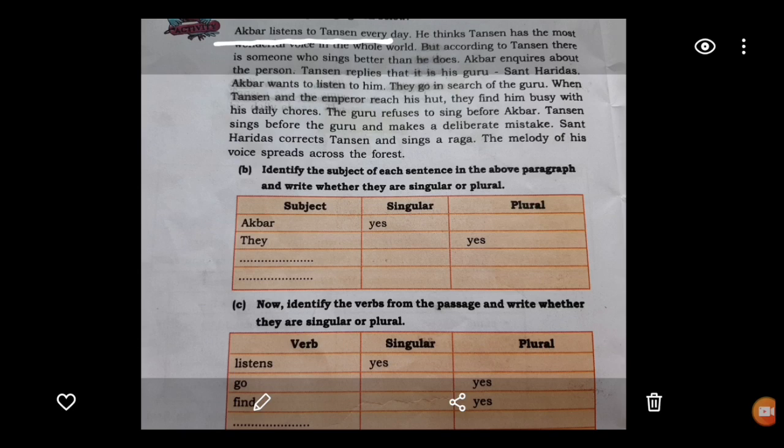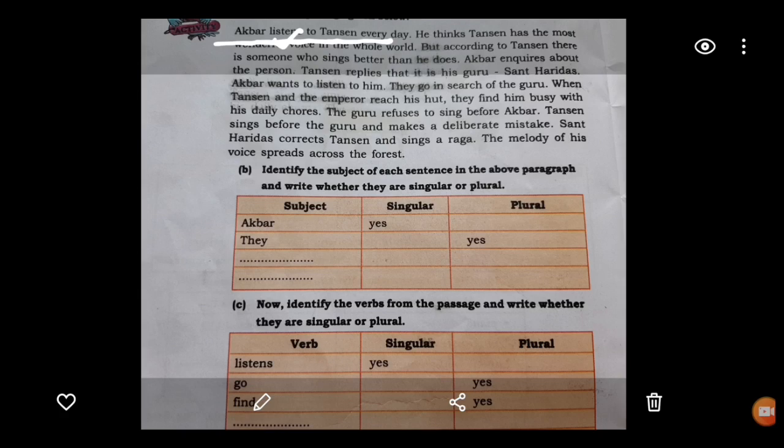Which activity? Yes, that is listen. Listen. Now you look. Listens. There is s. Why we use s here? Can you tell? പറയാൻ പറ്റുമോ? ഞാൻ കഴിഞ്ഞ ആക്ടിവിറ്റിയിൽ പറഞ്ഞിട്ടില്ലേ എന്തായിരുന്നു?